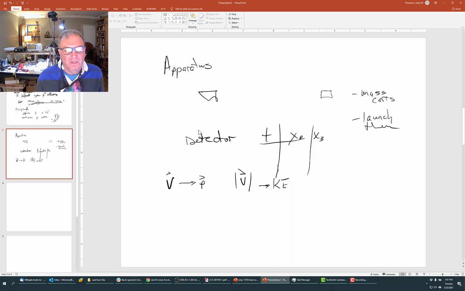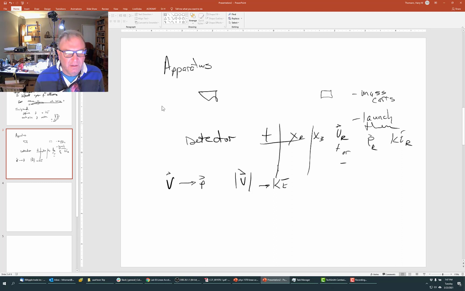And with position-time data, we can calculate a velocity, and we can calculate speed. We just have to remember the velocity has a plus or a minus, and then we can calculate the momentum and the KE. And of course, there's going to be a set for the red, and a set for the blue.